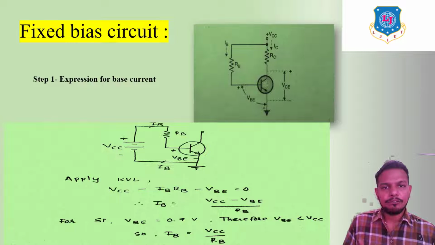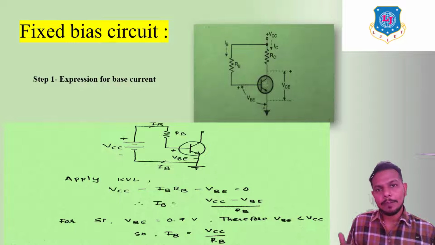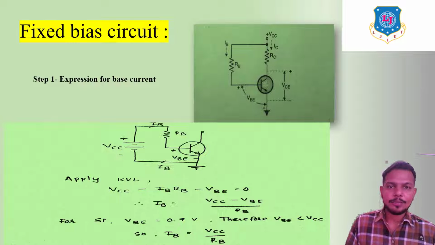Step number 1, find the expression for IB, that is your input side. Number 2, find the expression of IC, that is your output side. And number 3, VCE. So basically we have to find or define these 3 equations, or expressions.